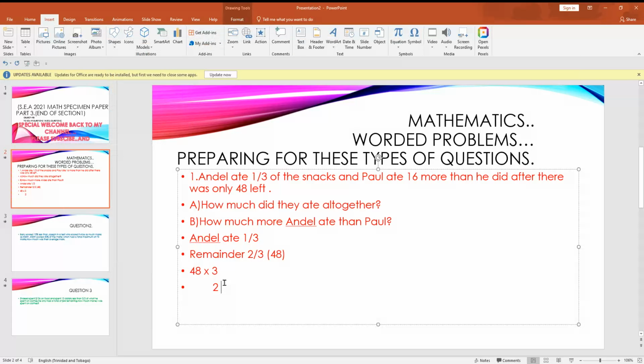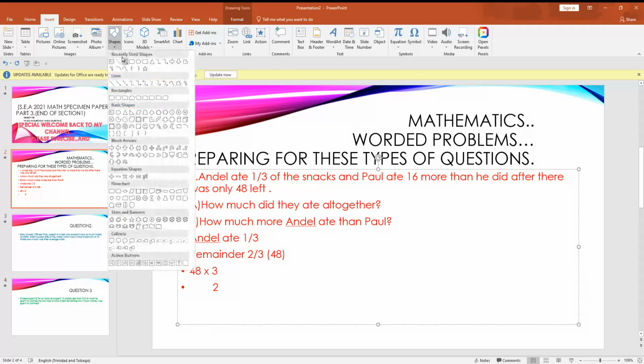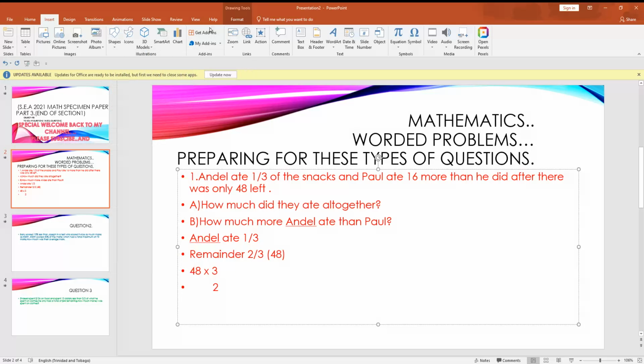Now this is 3 over 2. I'm gonna have to insert a line here so that you can be able to solve the question, because we cannot solve it if it's written like this, as you may get a bit confused. So you'll just have to solve it just like this.